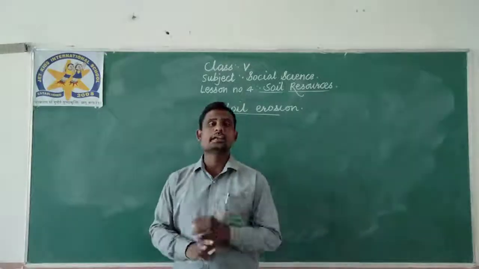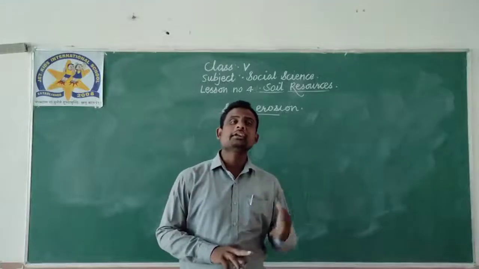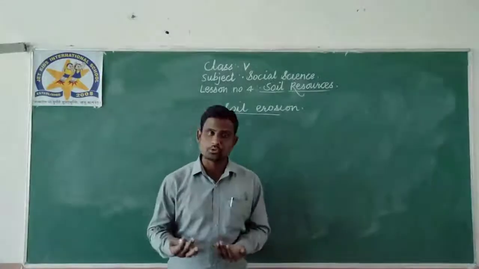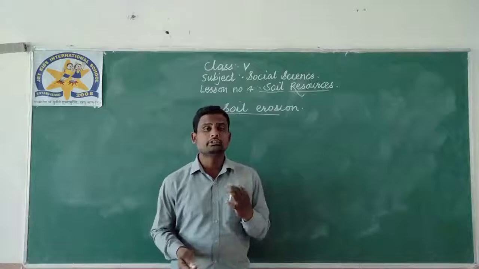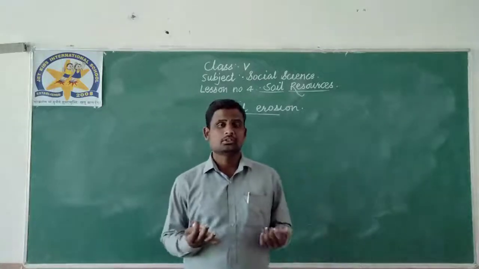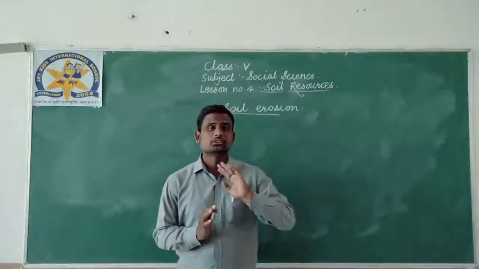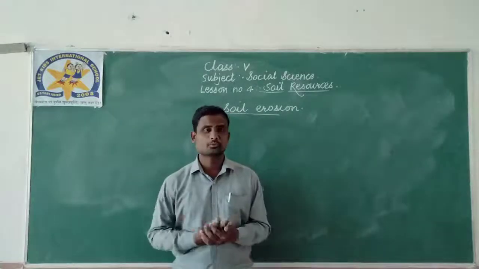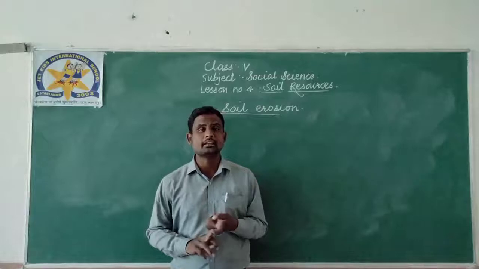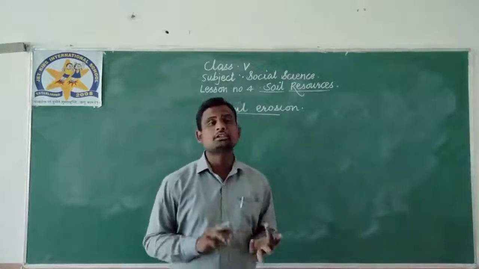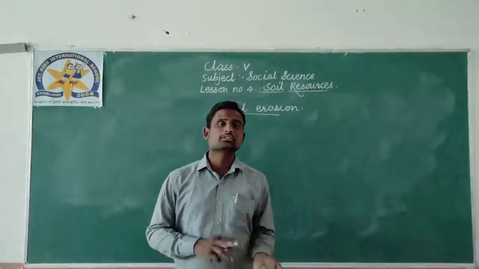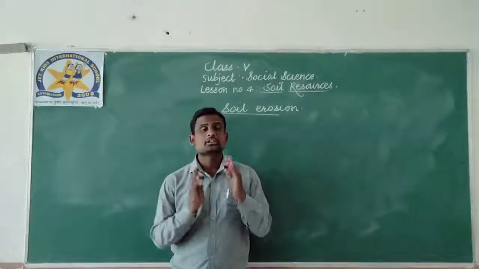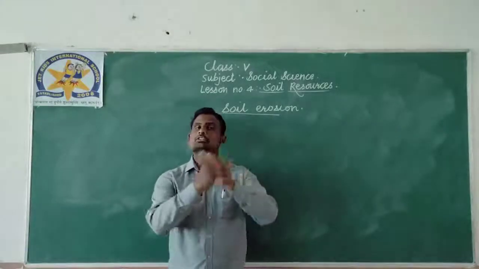And you also know that animals depend on the plants for their food, and plants grow in the soil. You can imagine, if there were no soil, what would happen? Plants will not grow. So we can say that soil is a very important natural resource because plants and animals depend on the soil.